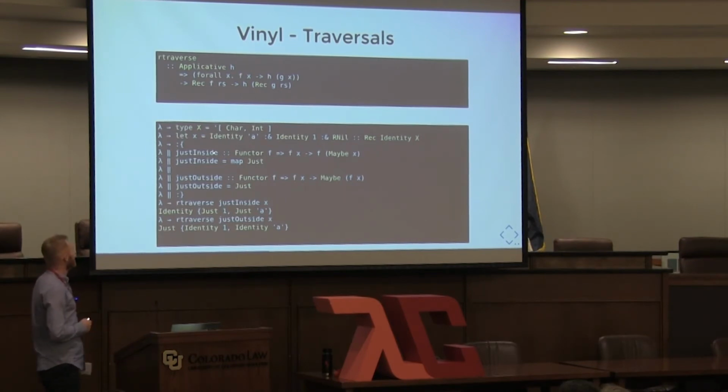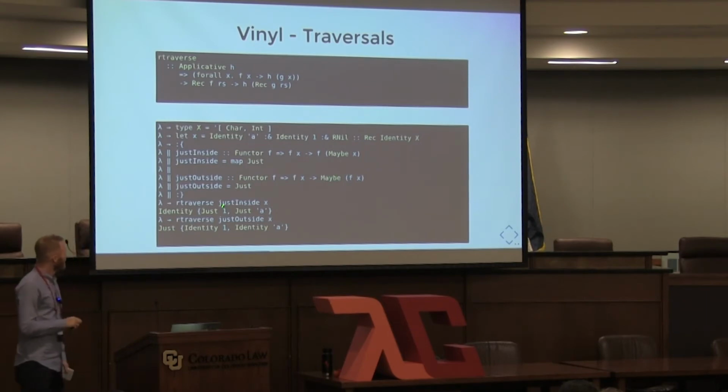Just inside will map over the f and stick a just under it, and just outside will wrap up the entire thing in a just and give you the maybe type. So in this first example, this F is the H, and maybe is the G. And conversely, here the G and the H have swapped, and the G here is the F here, and the H here is the maybe here.